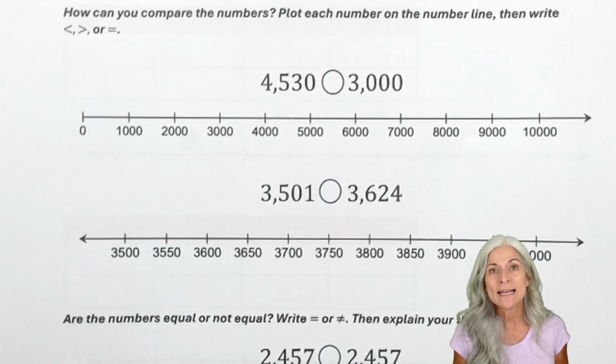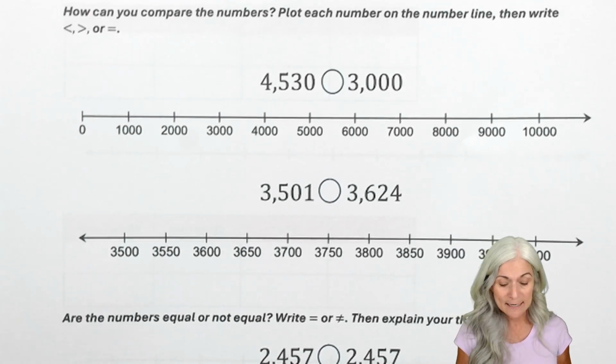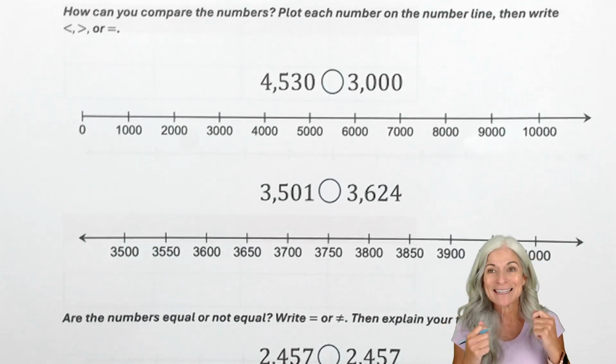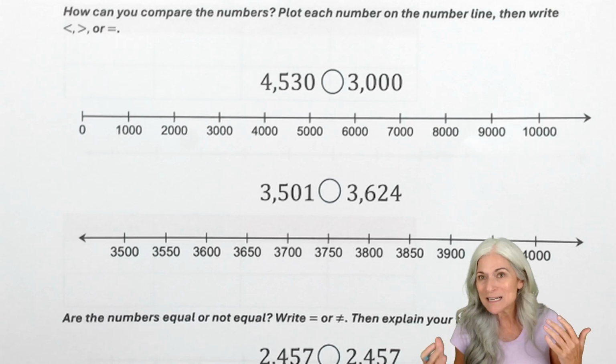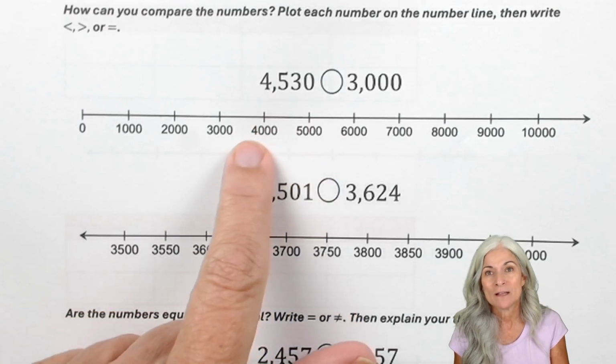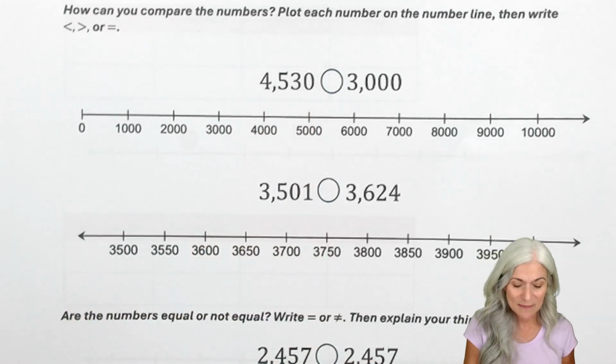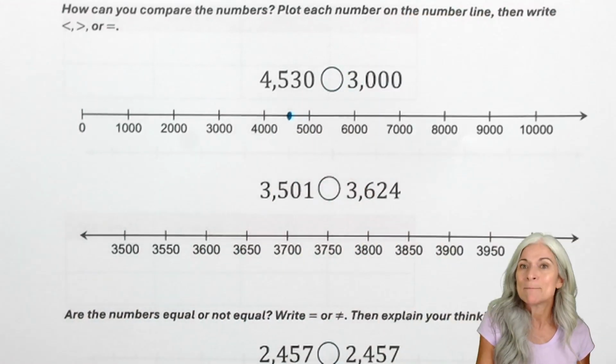So in their work today, they'll have a couple where they're asking them to use the number line. So again, please practice, help them with that spatial reasoning with a number line, like 4,530. Well, I've got 4,000, I've got 5,000, 4,500 is right in the middle. So we would put that about in the middle.